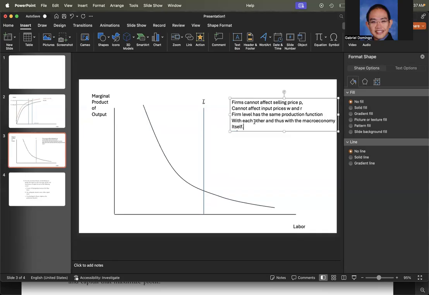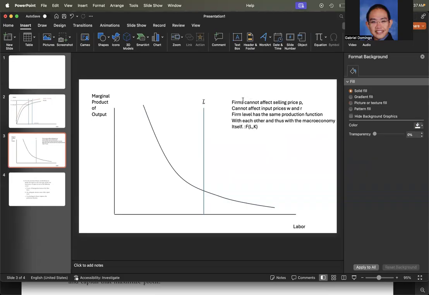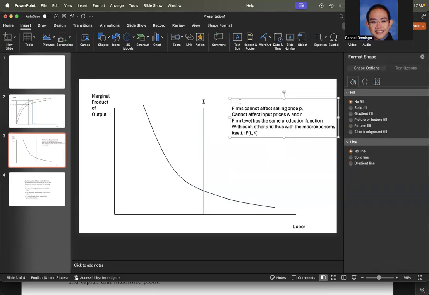That happens to be F as a function of K and L. It doesn't really matter. So we'll talk about this as firms.